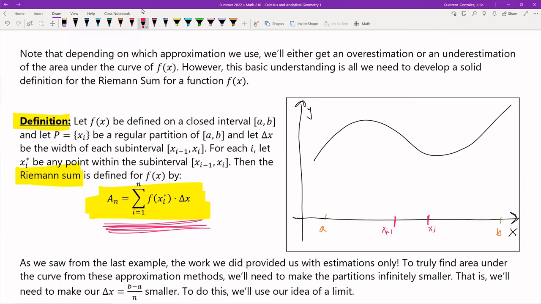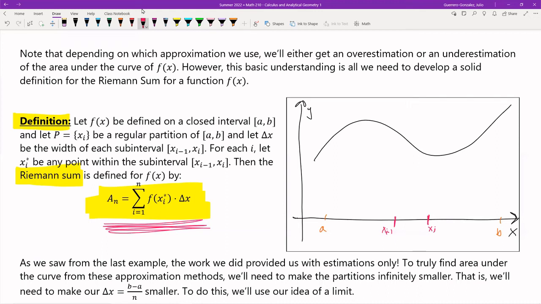Before, in the examples I was doing and in the definition of left endpoint and right endpoint approximation, we were specifically using the left endpoint or the right endpoint of our subintervals. The actual definition for the Riemann sum doesn't care what point you use for your box, so long as you pick a representative point from somewhere in that interval.